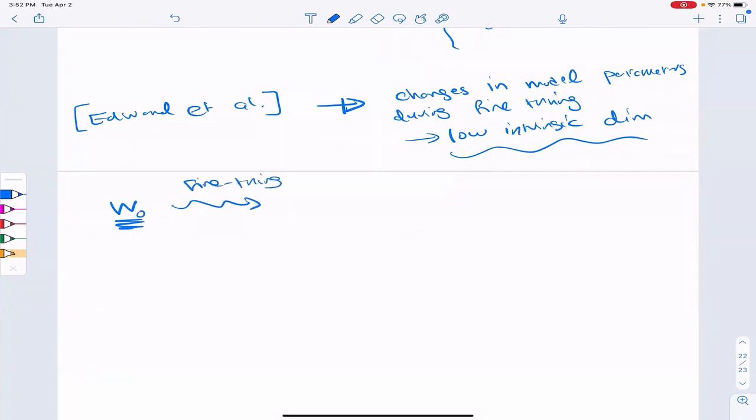Starting with W0, these weights go to W0 plus delta W. These are the changes that you are making to your weights during fine-tuning. Instead of writing the changes as W0 plus delta W, the assumption is you're going to write this as W0 plus two matrices, B and A, multiplied together, B times A.